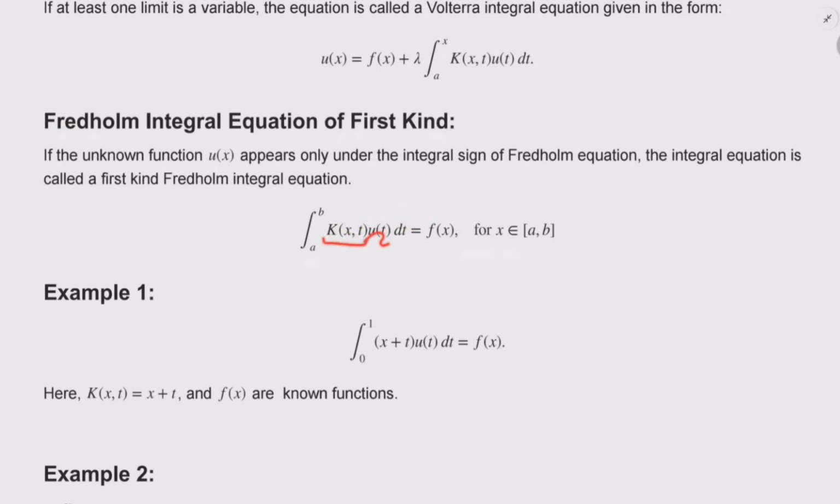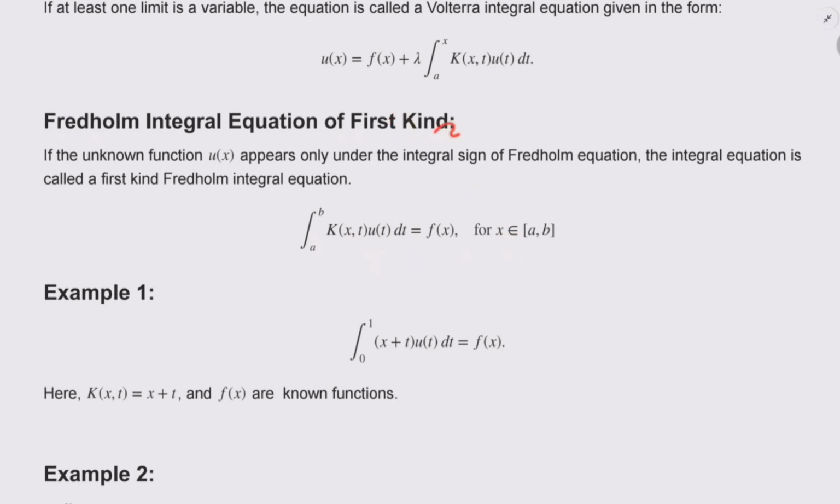This kernel is known, this function is known, u of t is unknown, and the limit is fixed. That's why we have Fredholm, and u of t only appears once in this equation. So this is a Fredholm integral equation of the first kind.